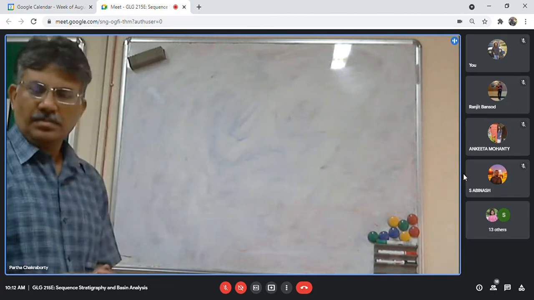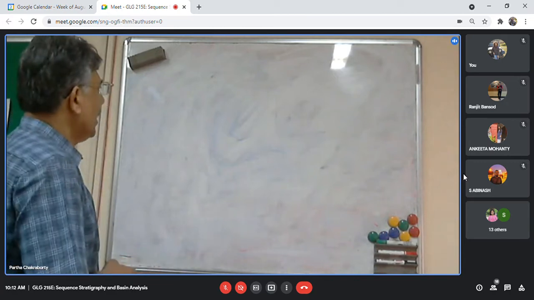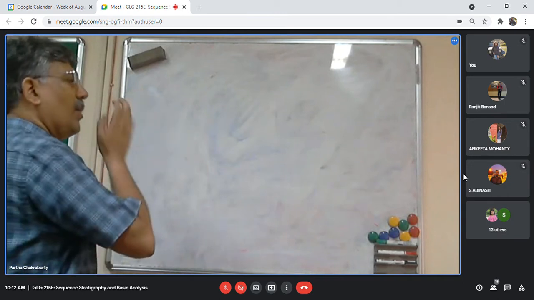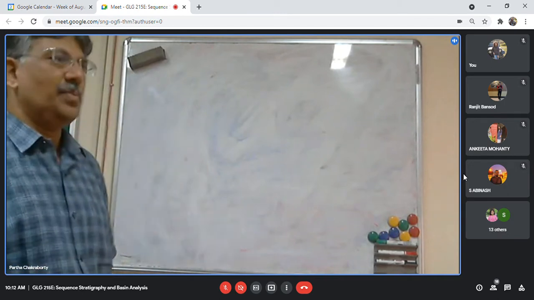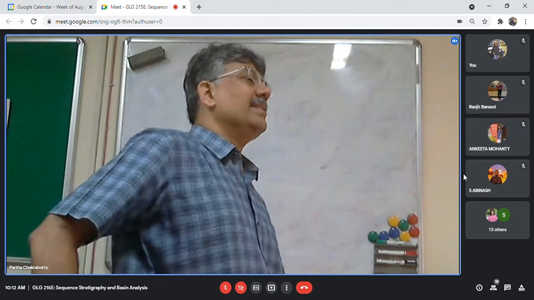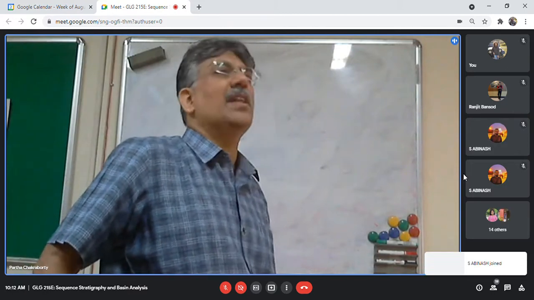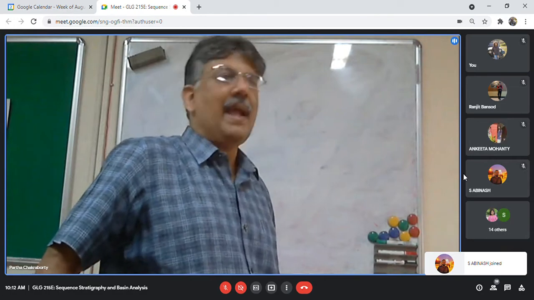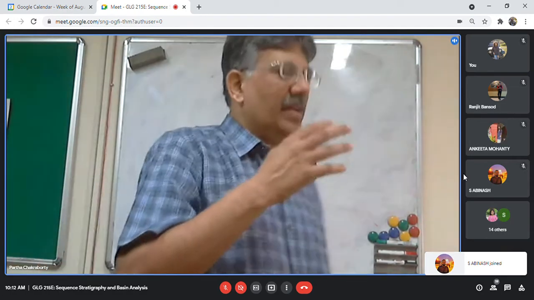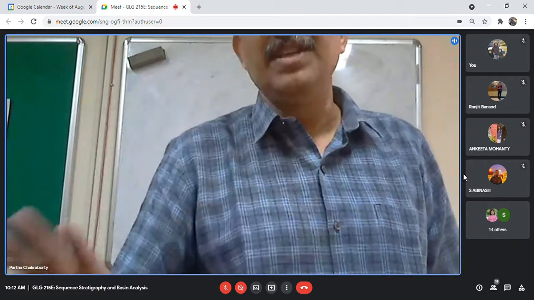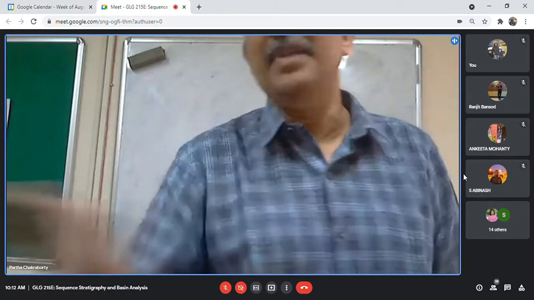Now, once we have discussed that, in the last class you might remember that I drew a curve which is the rate of base level change curve, and on that curve I superimposed the sedimentation rate.